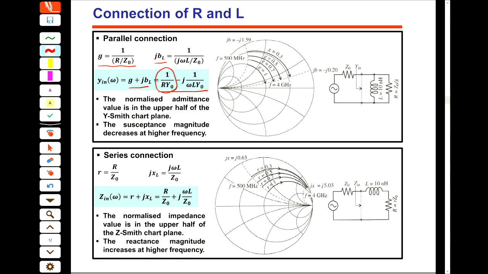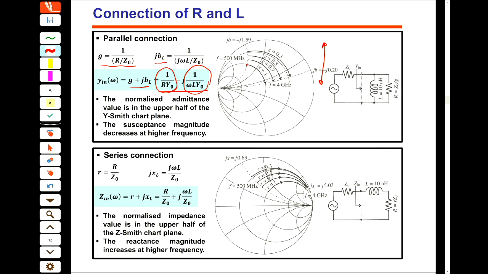So you see that it will have a positive conductance and negative susceptance. Okay? As it is negative susceptance, it's coming in this region. And you see that for different frequencies, it can have different values.